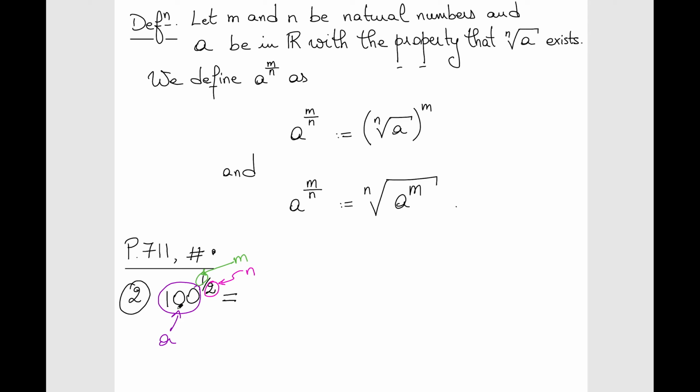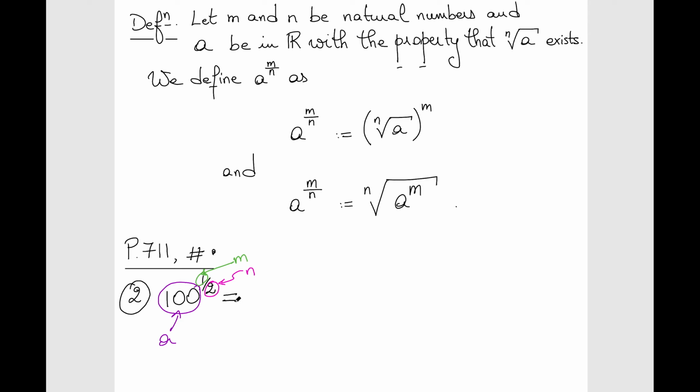So this becomes a to power m over n. In order to write it as such, we need to make sure that the author has checked that this guy actually exists. Well, the nth root of a here in this case means the second root of 100, which means the square root of 100. Certainly it exists because a is actually non-negative.